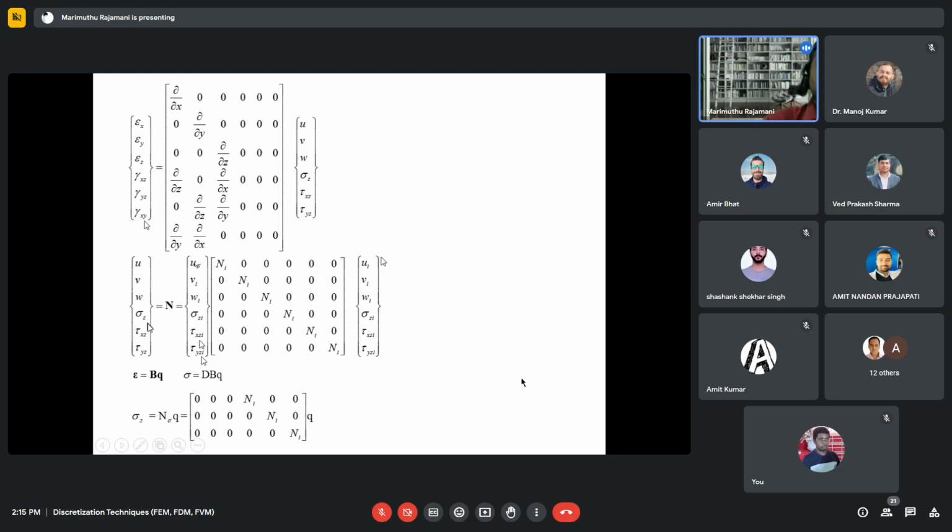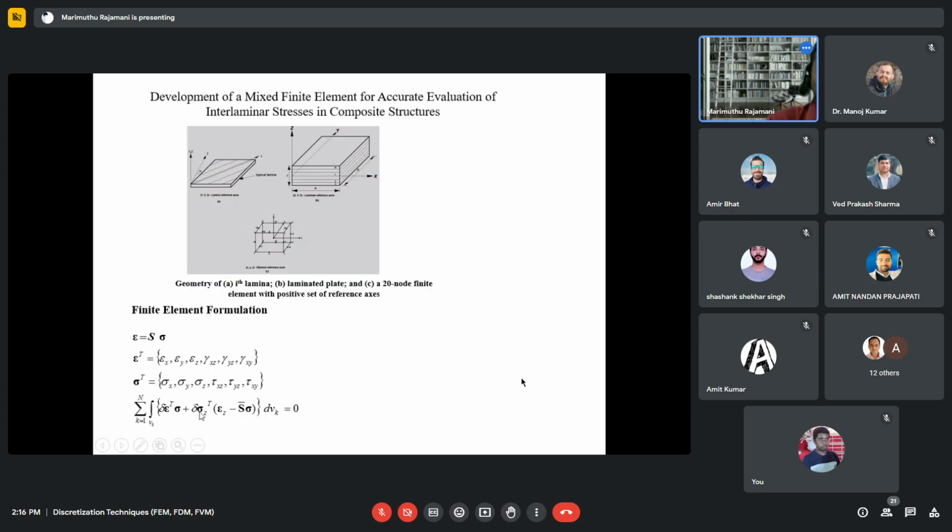Now epsilon is equal to B into q. My B has to come from this, and sigma is equal to D B into q. So I have to adjust such that B gets properly expanded and D remains the same. And sigma z is also required because sigma z is part of the equation.